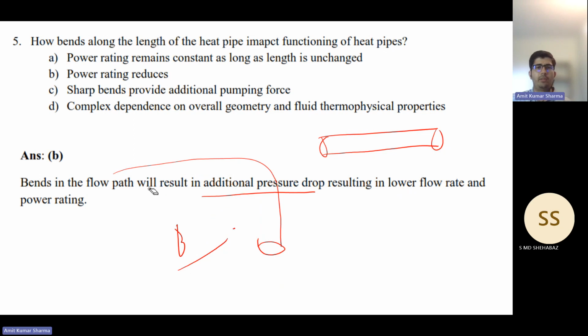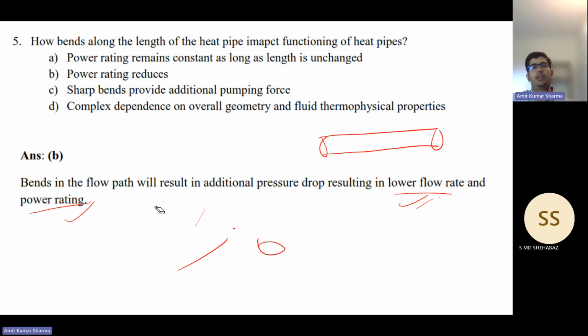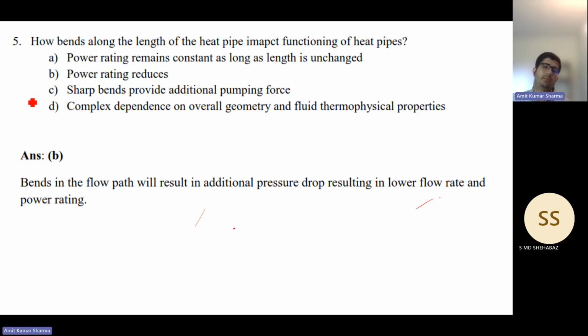Bends in the flow path result in additional pressure drop, resulting in lower flow rate and power rating. So flow rate will also reduce and the power rating will also reduce. The correct answer is B. Okay.